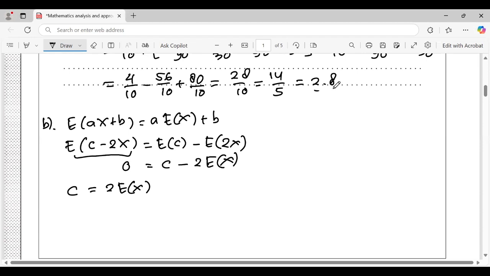According to the information, the expectation of x is 2.8. So C equals 2 times 2.8, which is 5.6.